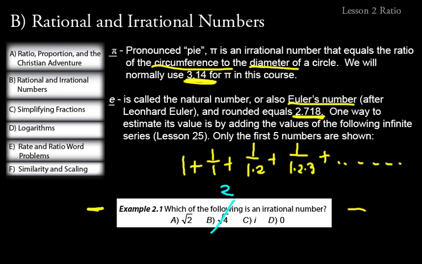That's an integer. i is an imaginary number, so it's not even in that group. 0 is another integer, so that doesn't count. It's the square root of 2. If you didn't know that, you could figure it out by process of elimination. And you could also do square root of 2 on your calculator. You'll see it's like 1.414, a non-repeating kind of thing regarding the decimals.